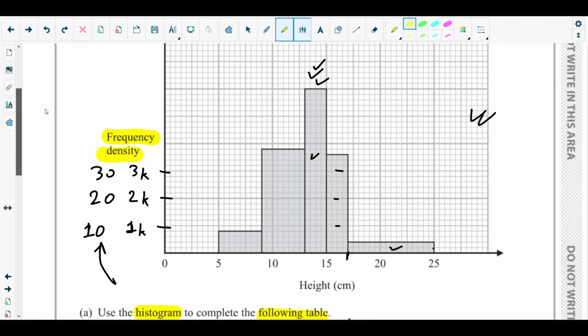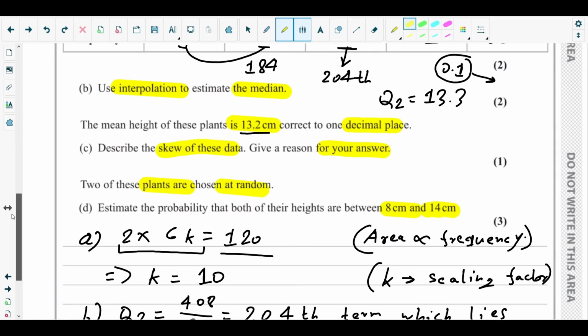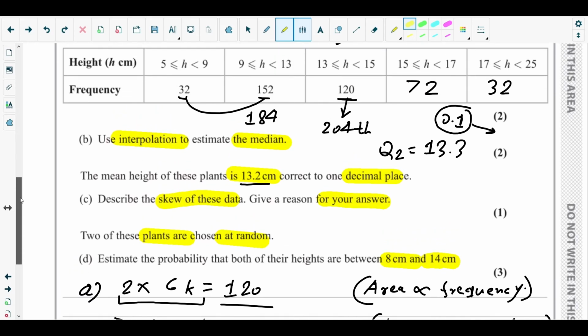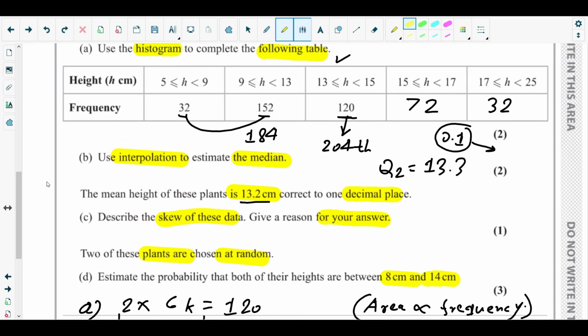So we need to find the probability. Let's find it for a single chosen plant: what would be the probability to have a height between 8 and 14 cm.